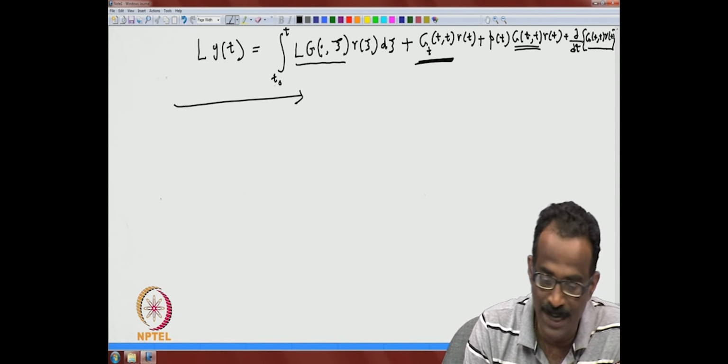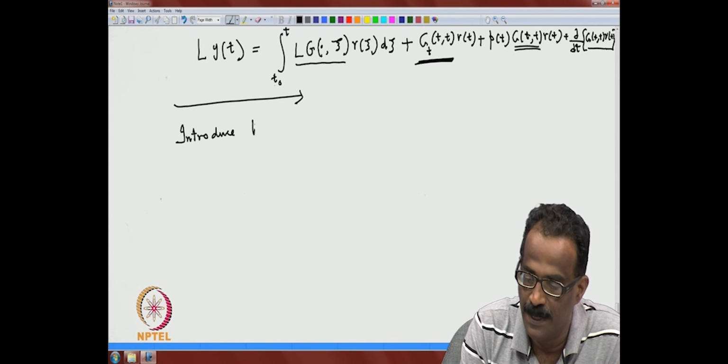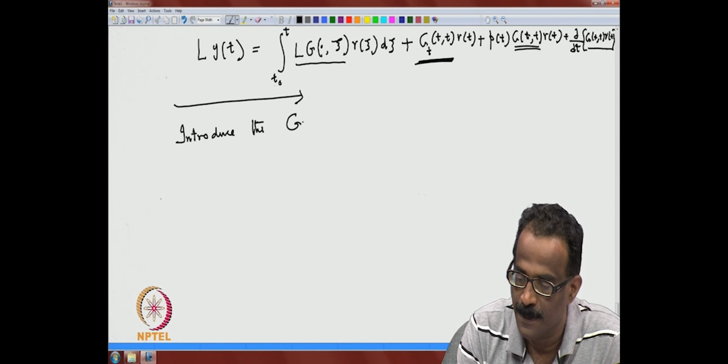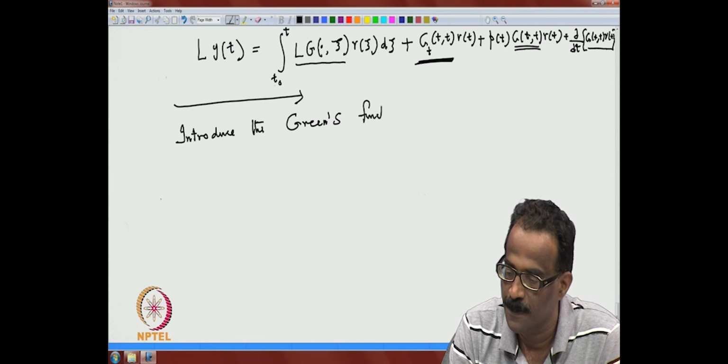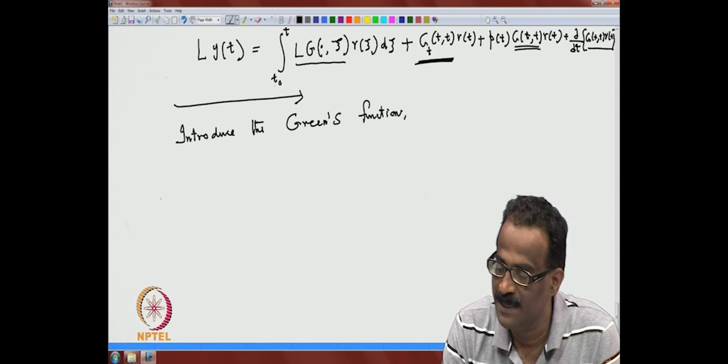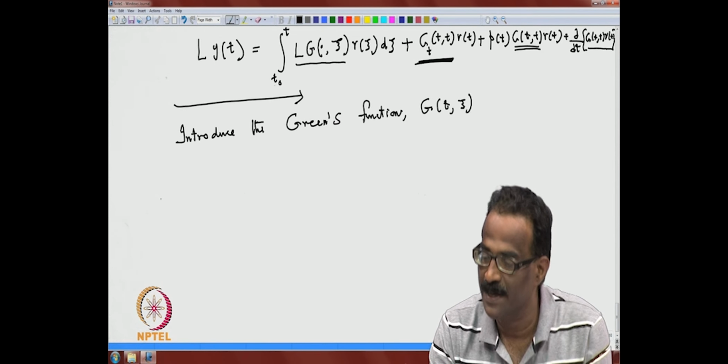So, first we introduce the Green's function g t psi. I introduce this in a very nice, clever way.